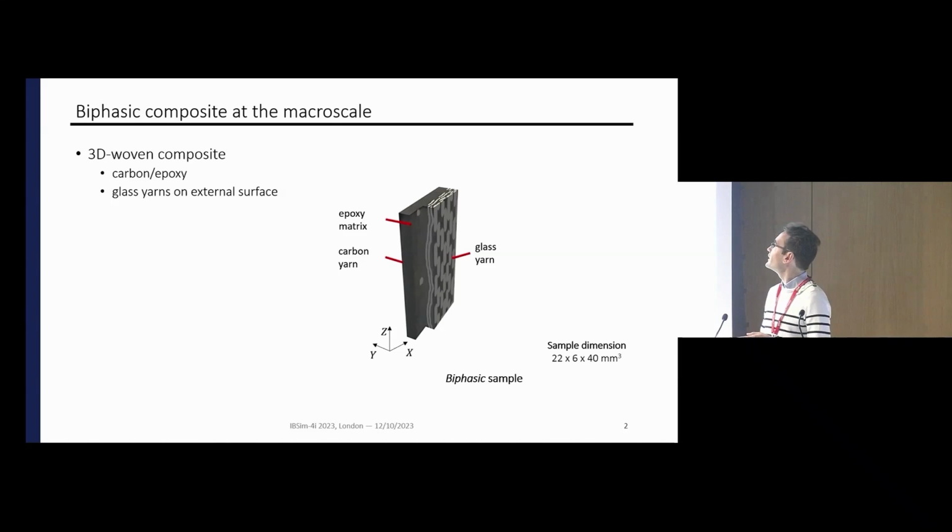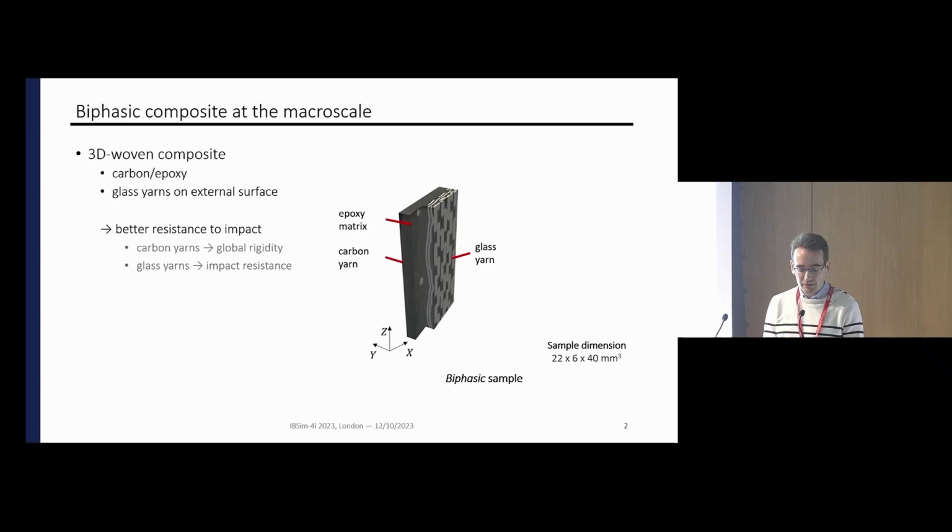And for that, we chose a test case which can seem quite simple: a composite that could be considered as biphasic at microscale. This composite is a 3D woven composite, mainly based on carbon fiber and epoxy matrix, where we replace a part of the carbon fiber zone in one direction by glass on one of the surface.